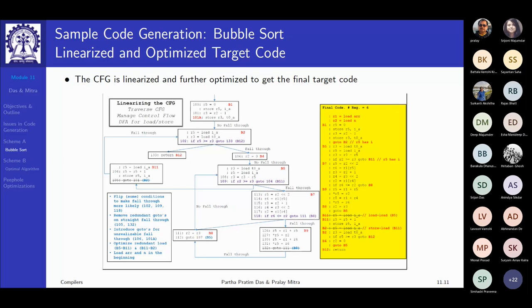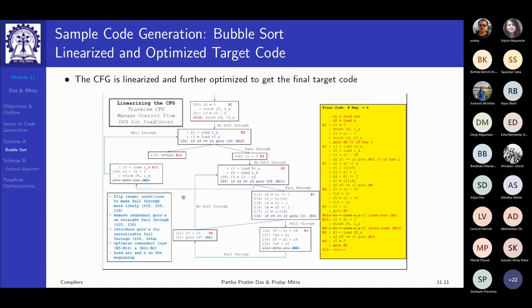In the earlier conditions, mostly the body was not on the fall through, but exit from the loop was on the fall through. So using that heuristic, you can see I've marked the fall throughs here. I want to make that if it is in the body, then primarily put it in the fall through and flip the condition accordingly.